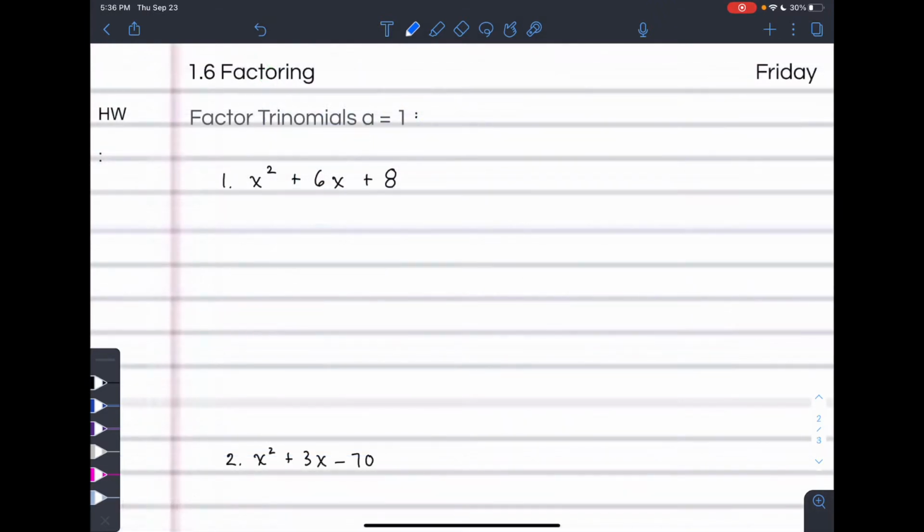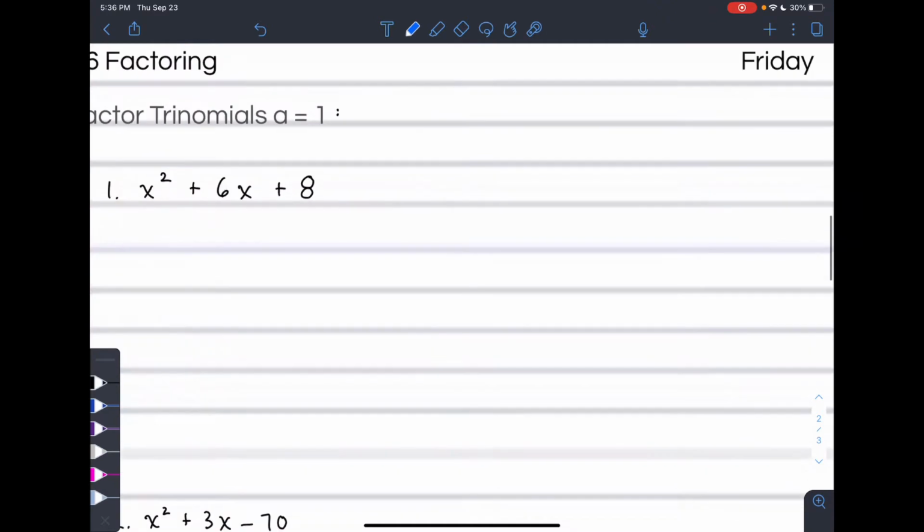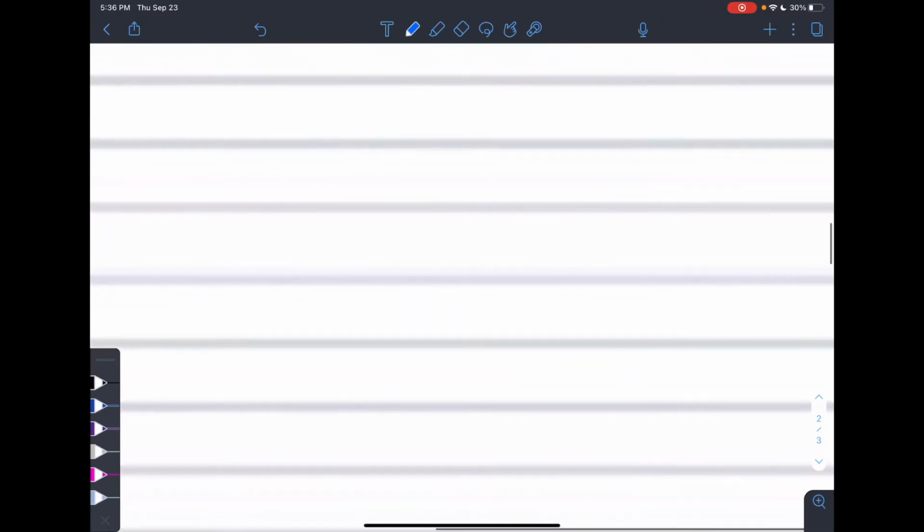So before we dive into reviewing factoring, I want us to think about what it is when we multiply, right? When we were working with multiplying problems, we would see something like, let's take a binomial x plus 6 and multiply it to x plus 3.